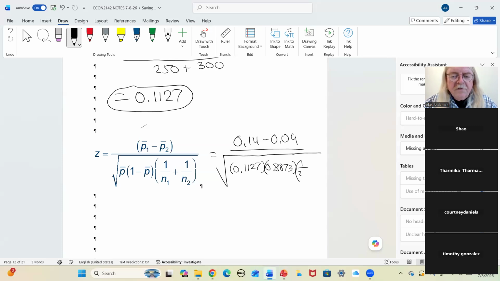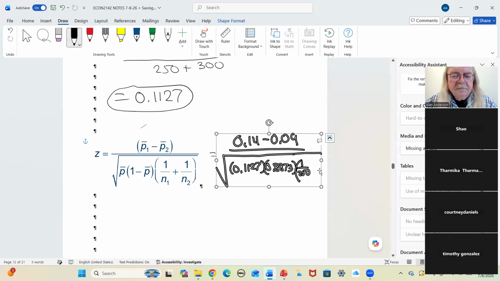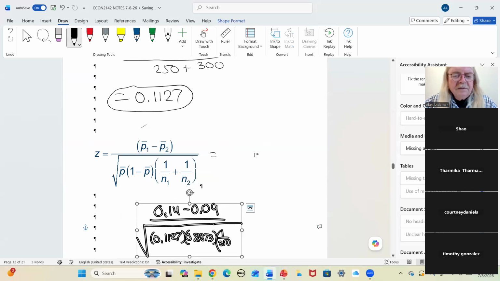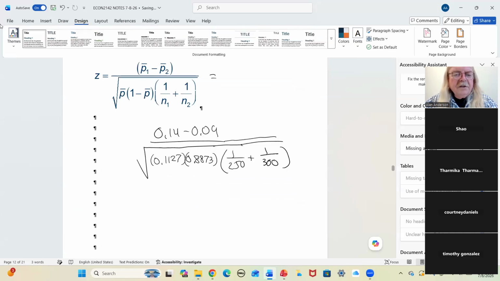Then we have 1 over 250. I'm running desperately low on space here. Maybe I could move it. All right, so plug that into your calculator and see what you get.